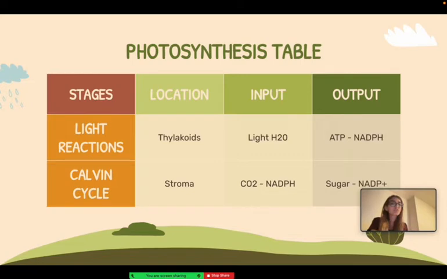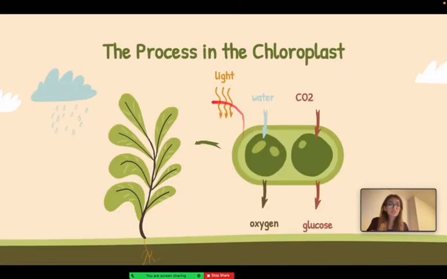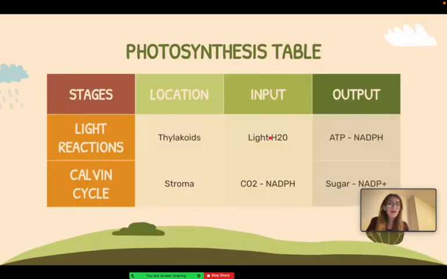Now you'll learn more about thylakoids in classes like AP Biology, but since this is just a regular biology course, we will not be getting into the AP Biology aspect. The input, as we mentioned, is light, because it is a light-dependent reaction, and water, right here.